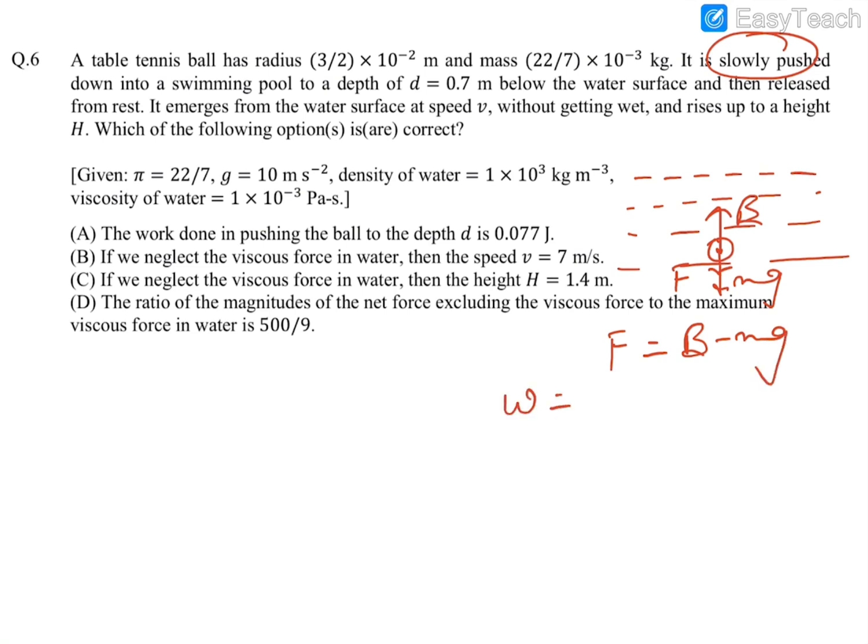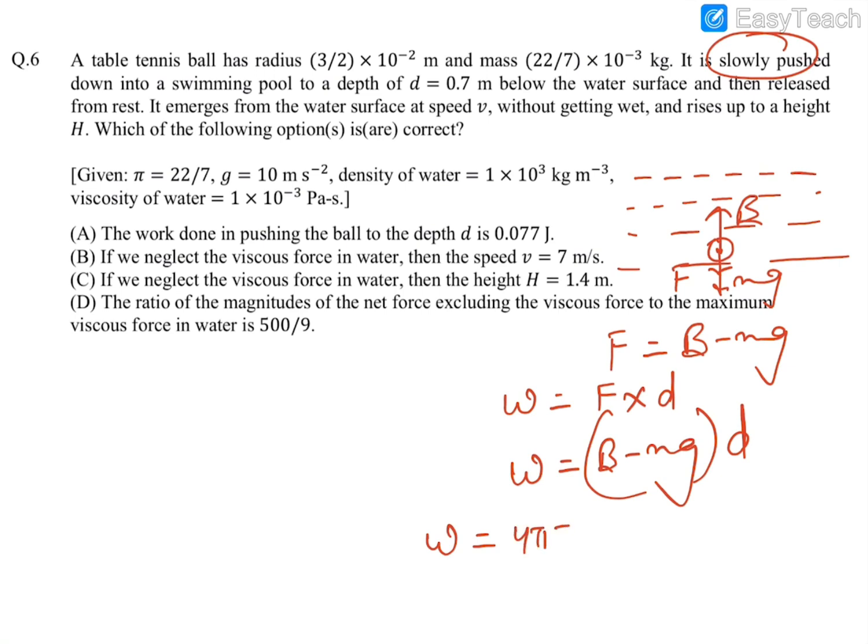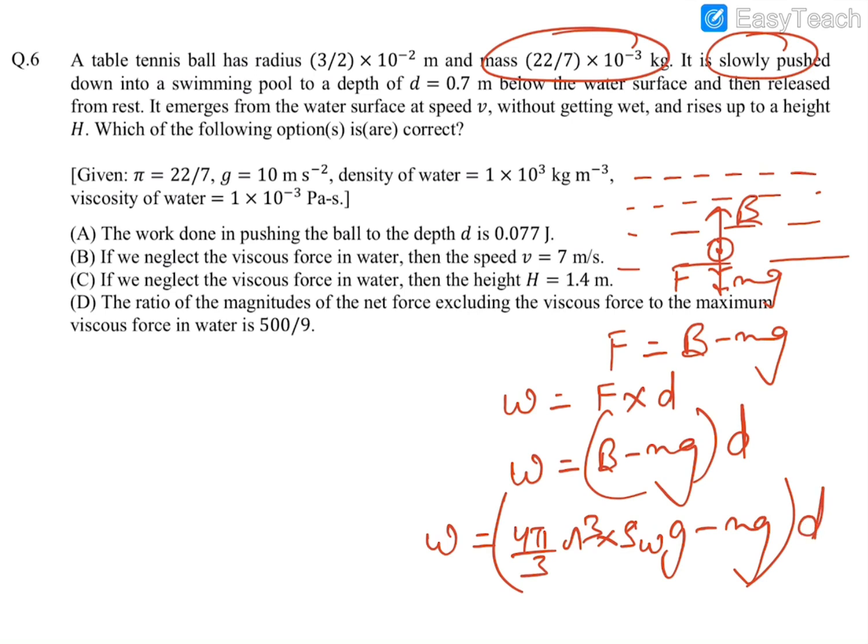Work done by us will be F into d, so work done will be (buoyancy minus mg) into d. Buoyancy will be equal to 4 by 3 pi r cube, and density of water into g, minus mg, which is given straightforward in the question, and d is also given. So if you substitute these values here, you would be getting option A.